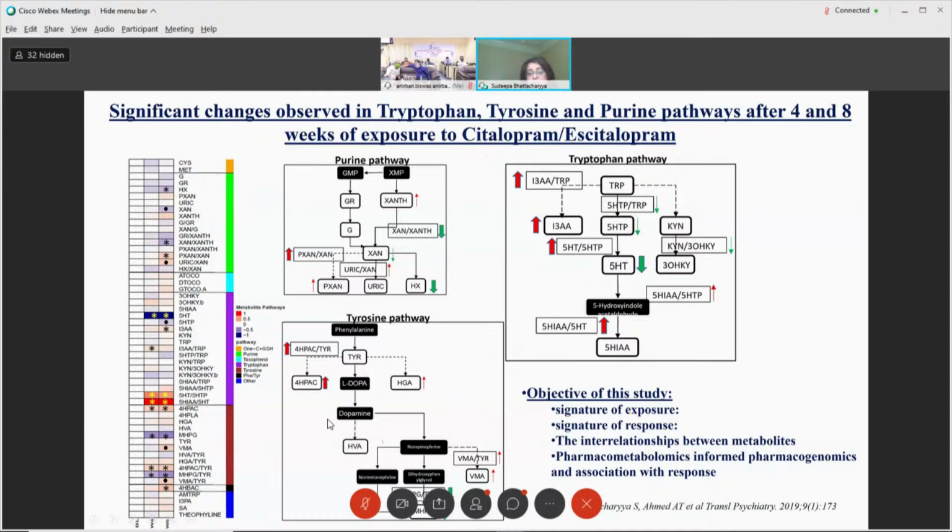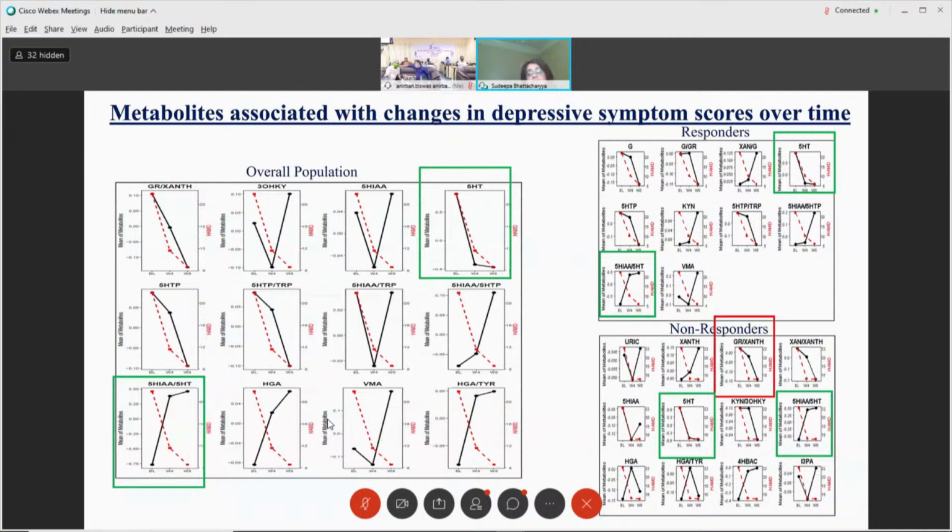Why is that? So we next tried to correlate some of these changes to changes in the depression severity. And we did not find much association with depression severity, which tells us that these metabolite changes may be due not only to the treatment, but also maybe to the patient's recovery or their diet or lifestyle factors.